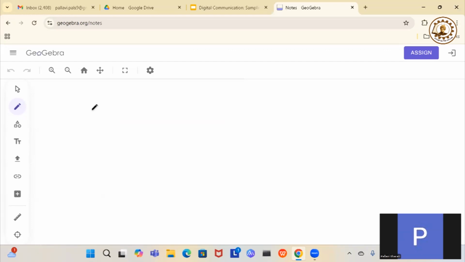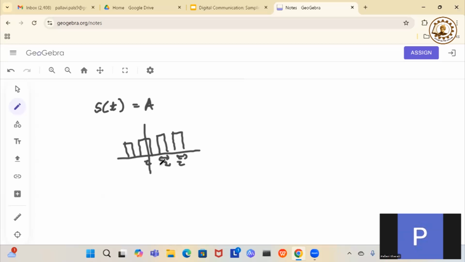If I take the sampling signal as st, st is fixed for a certain duration. Say we have the top amplitude as A. So these are your rectangular pulses of fixed duration tau. All of these have a width tau, and you can see the sampling period is Ts.